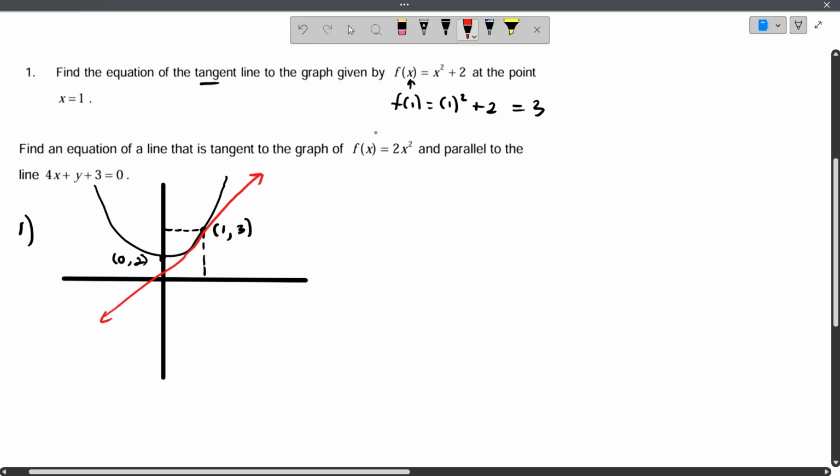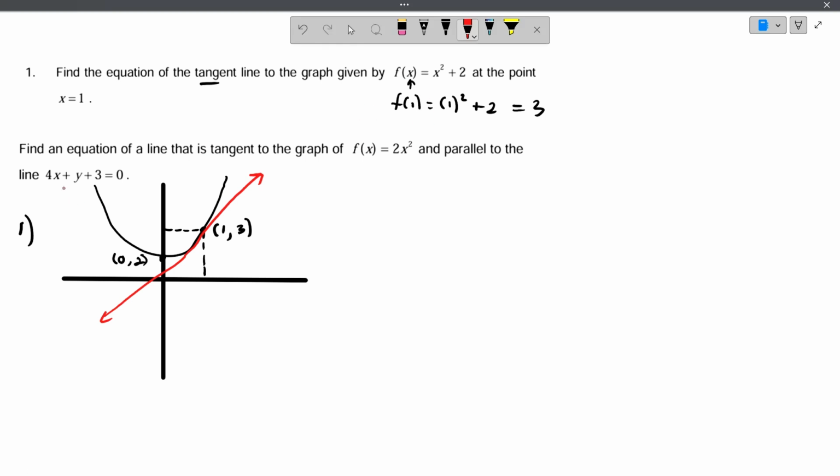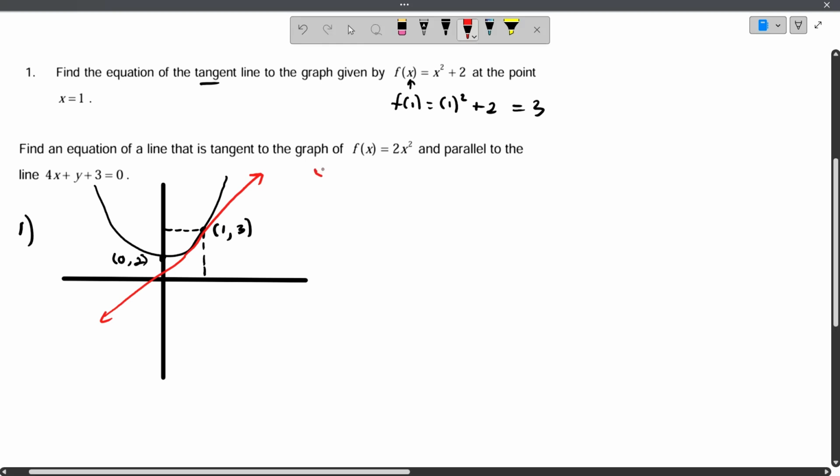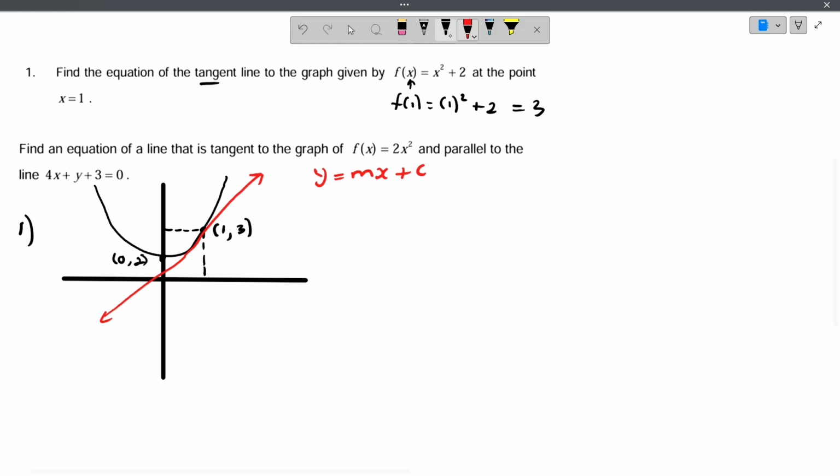Okay, so now let us find the equation of the tangent line. We know that the equation of the tangent line is given as y is equal to mx plus c, which is basically a straight line function. So now the question is, how do I find the gradient?